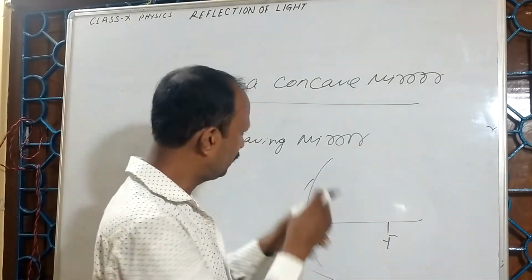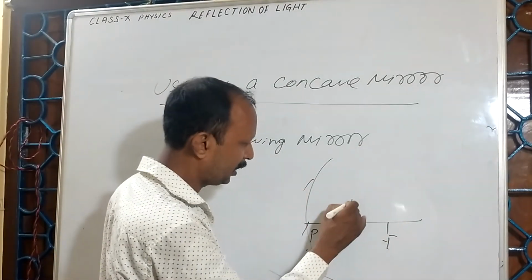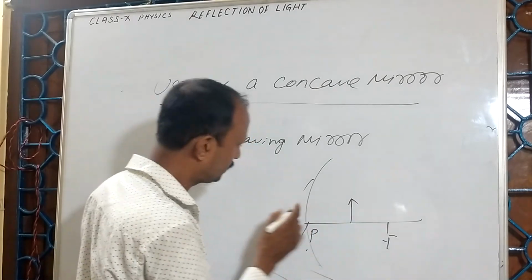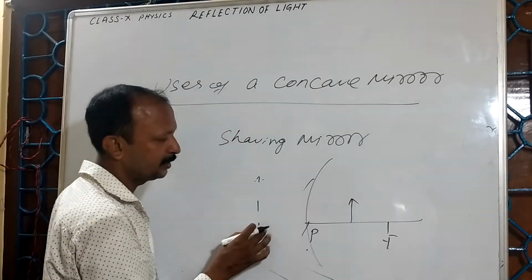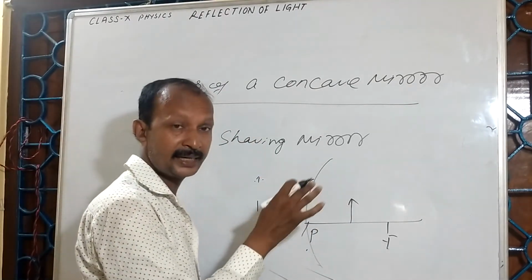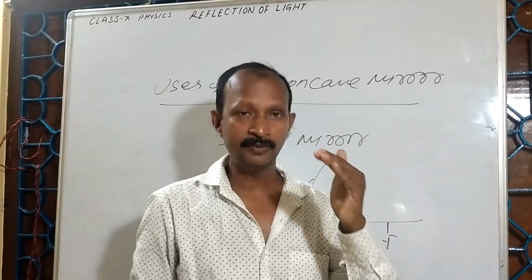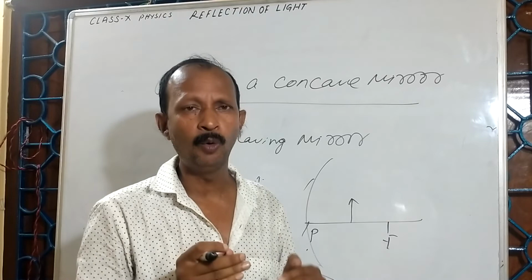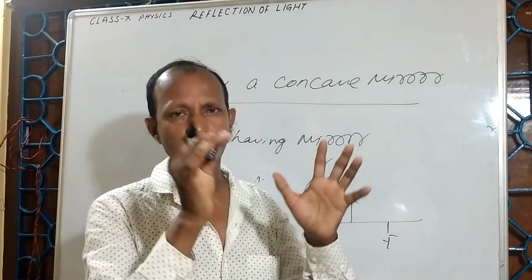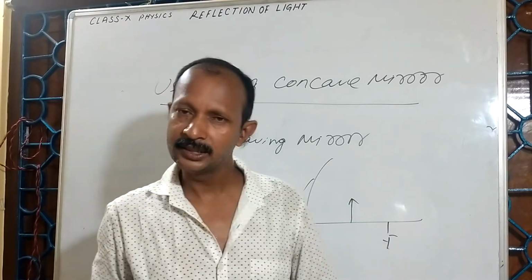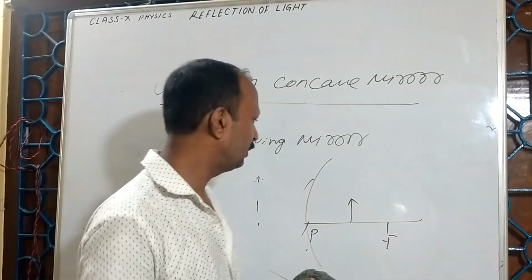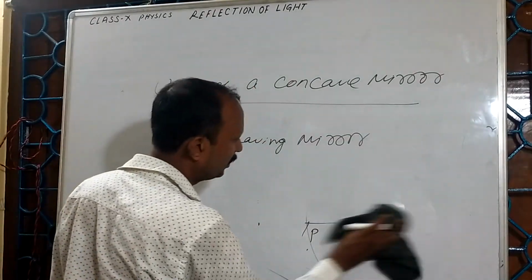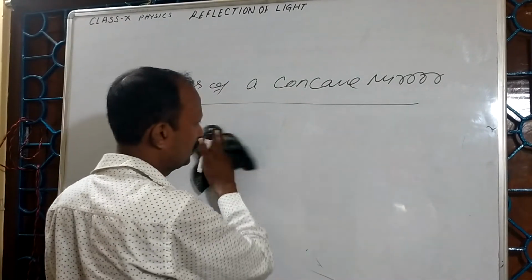Because in the first case I explained, if the object is between pole and focus, the image will be behind the mirror, virtual, erect and magnified. So if we use it as a shaving mirror, our face should be between pole and focus, then the image will be bigger. It is a virtual but erect image, which is convenient for shaving purposes.